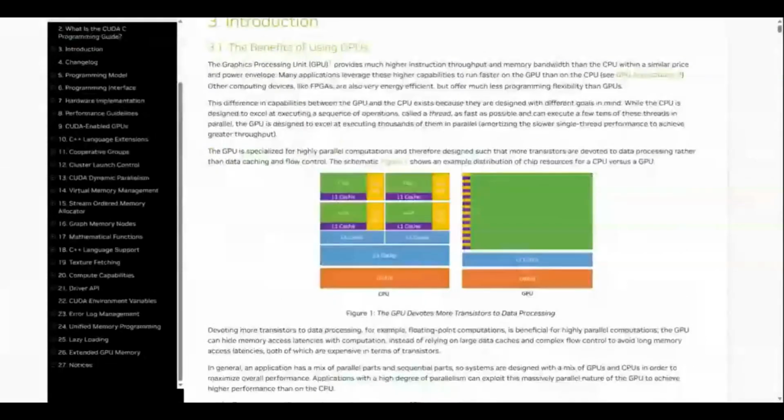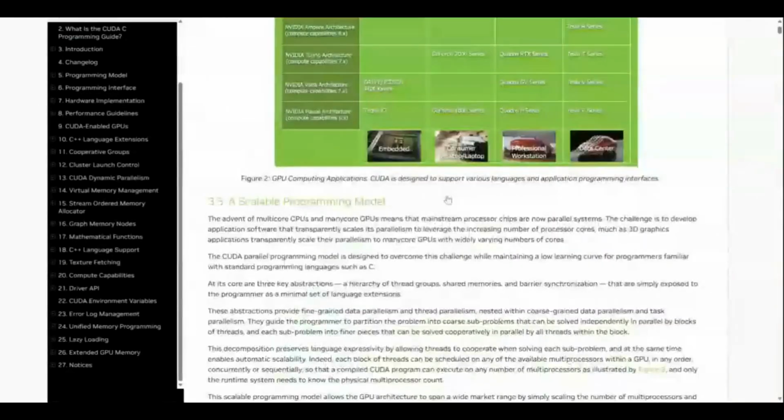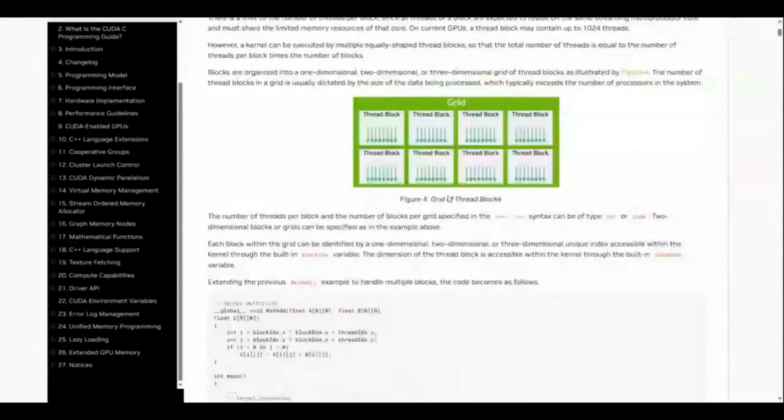Again, it talks about the architecture of the CPU and GPU, also about the memory. For instance, we were talking about heap is a warp or wavefront. Here is a thread. We'll talk about the thread block.